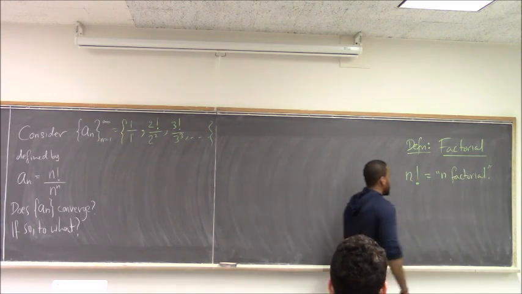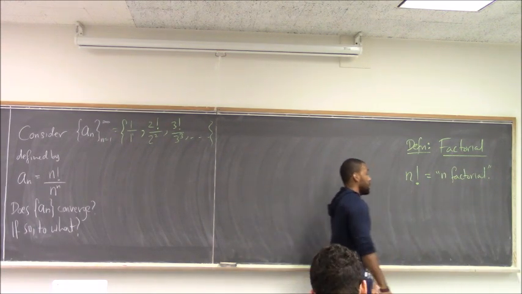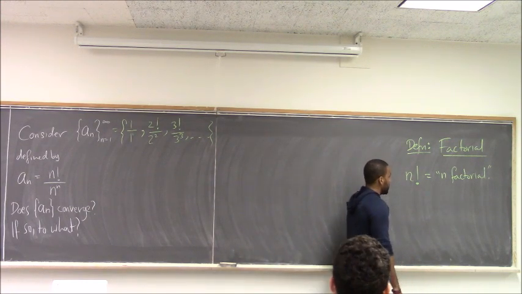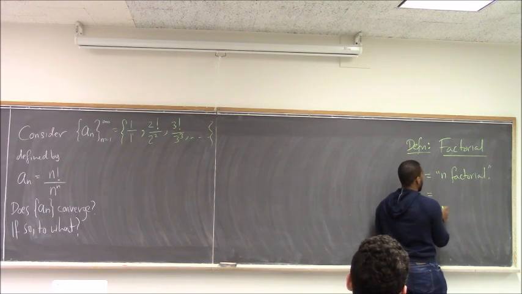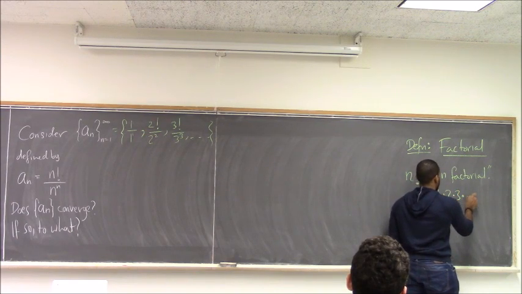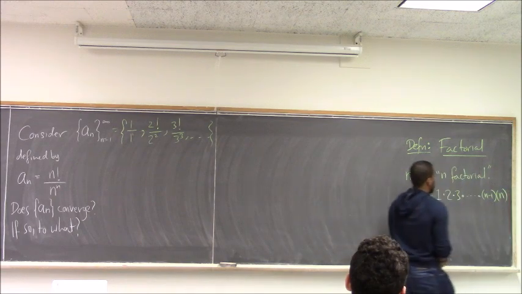Now what that is actually defined as is, n is considered a positive integer, or 0, so non-negative, and n factorial is considered to be the product of all integers up to n. So from 1 times 2 times 3 times, n minus 1, all the way to n.